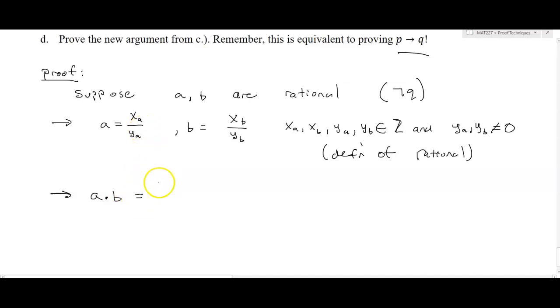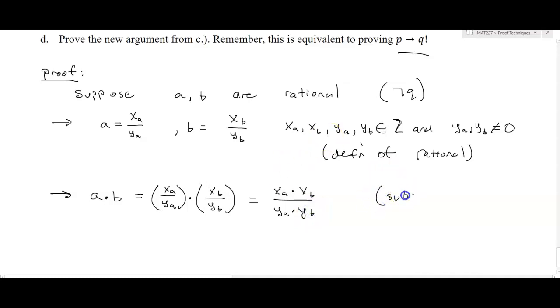So by substitution, I multiply XA over YA by XB over YB, and that comes out to XA times XB over YA times YB by the way we multiply fractions.